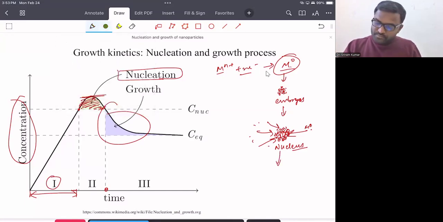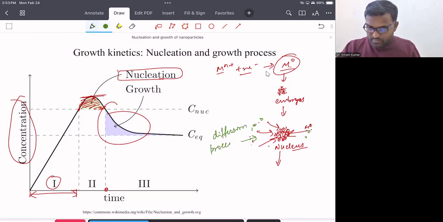Here, the particles from the bulk come to the interface by the diffusion process. Because of that diffusion process from the bulk to the interface on the nuclei, the growth process happens. And because of that growth process, we have an exponential decrease in the concentration with time t.